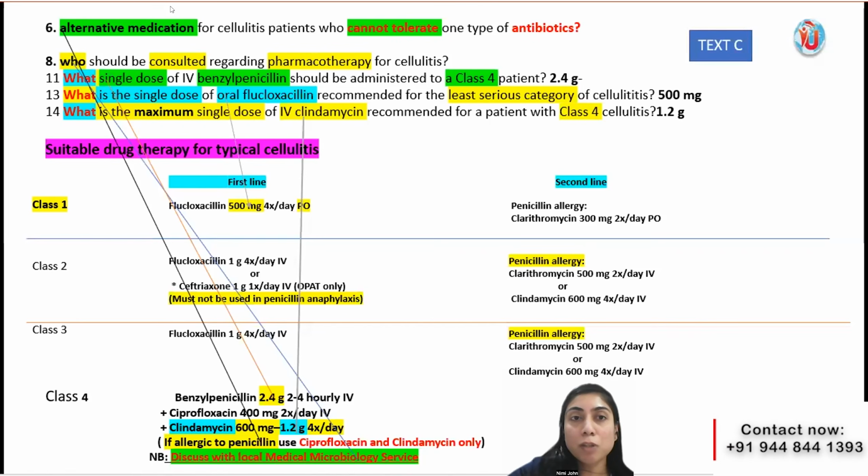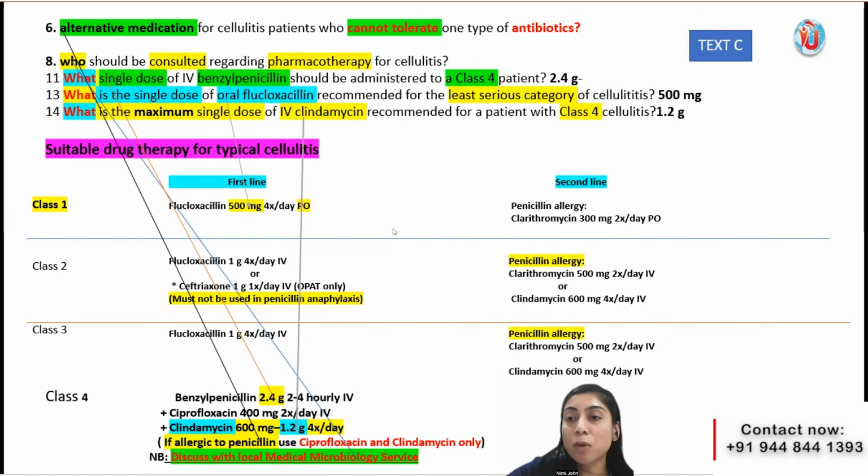Then the eighth one: who should be consulted regarding pharmacotherapy? Maybe you have doubt about this question. Someone said it's in text D. Because before, when we were discussing, someone said it's from text D. Here the keyword is pharmacotherapy. Text D was management of the locally affected area.